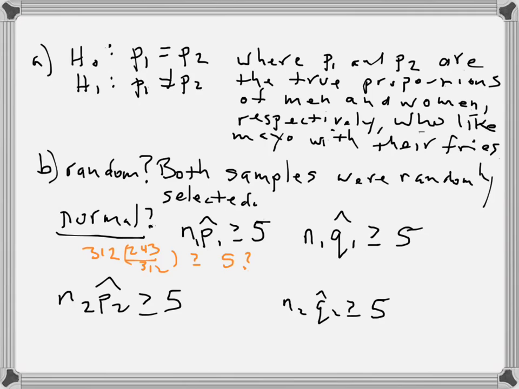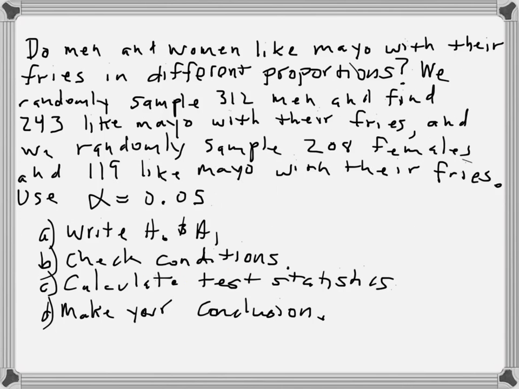Well, check it. What happened to my denominator there, the 243 over 312? Psh, canceled out, right? What am I left with? Not a 3. I'm left with 243. That was my number of successes, the number of people who liked mayonnaise with their French fries.